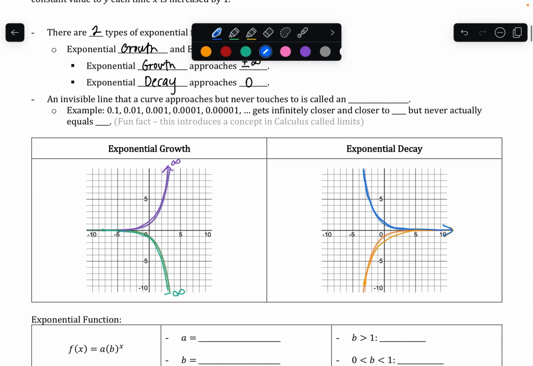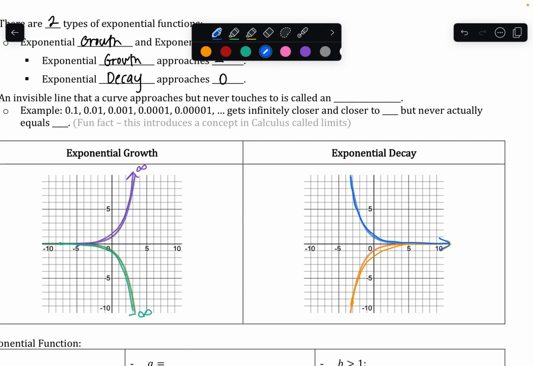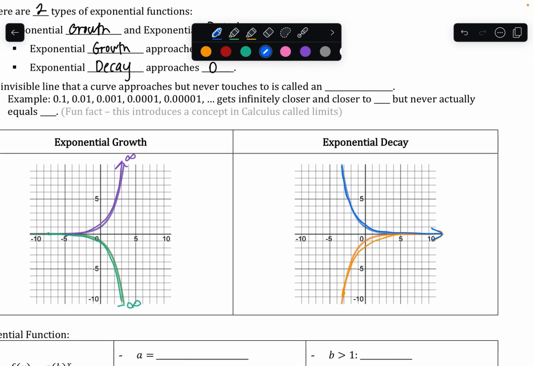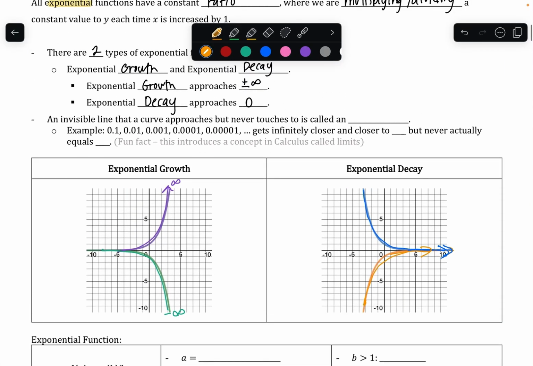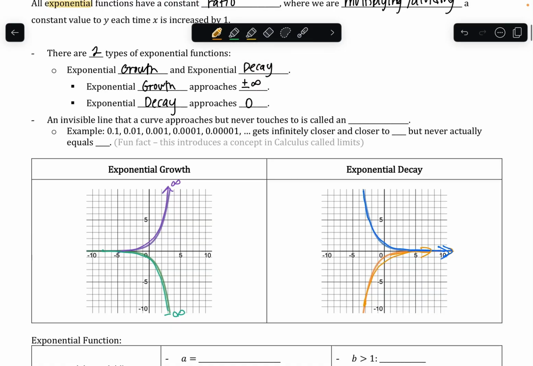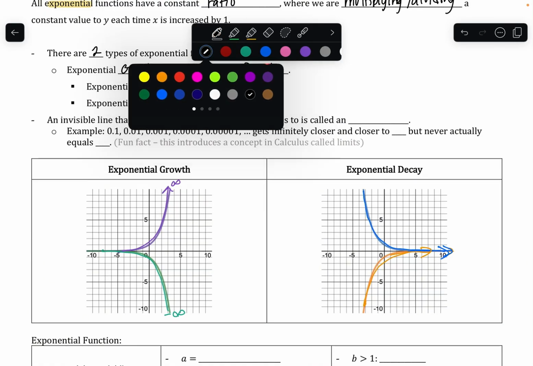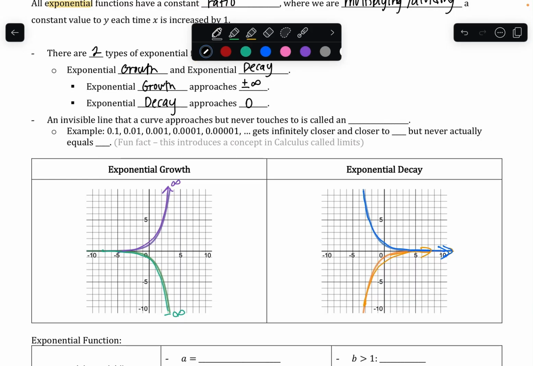Okay, so think of decay not like decreasing. They're not synonyms. Decay means it's dying. It's going to 0. In this case, this orange function, it's increasing, but it's dying off. Okay, and so an invisible line in math, if you have an invisible line that a curve approaches but never touches, it's called an asymptote.